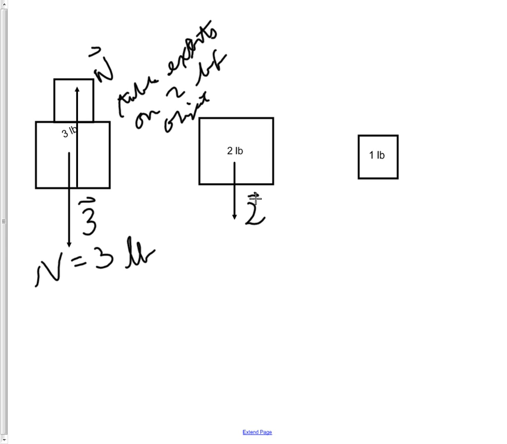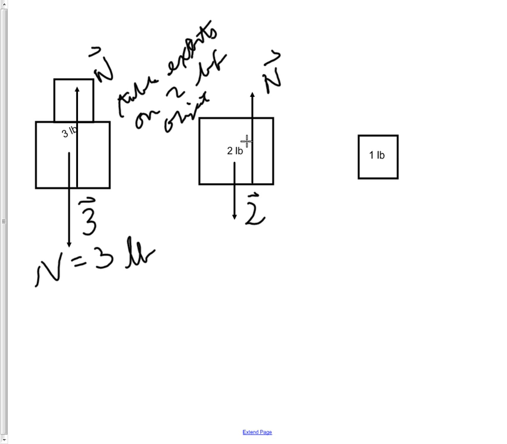There is this normal force, which is a force of magnitude 3, which is up. So this force that we found last time, this force 3, is equal to this n, so I can just label this as the force n. Okay, it was the force on the 2-pound object from the table.